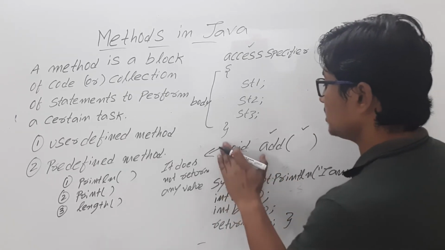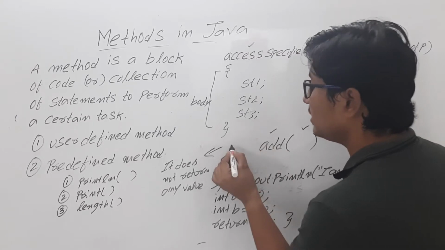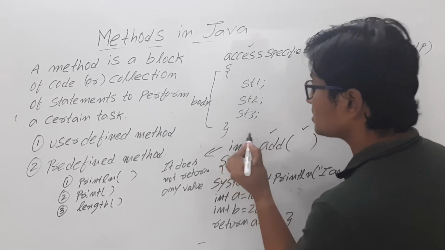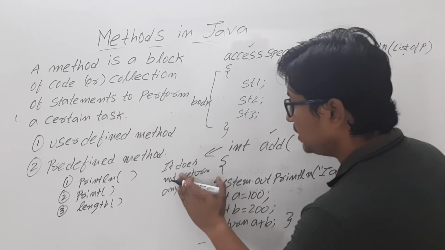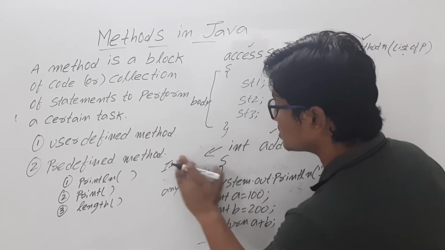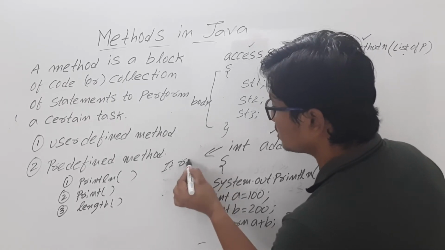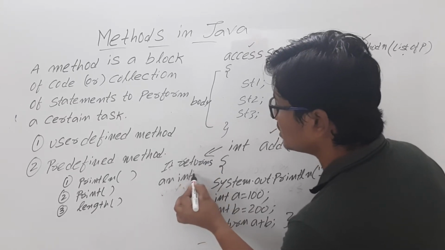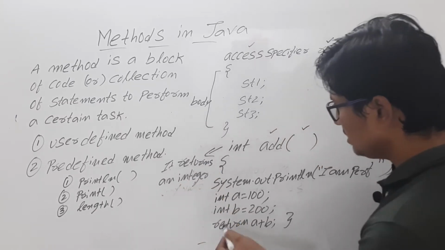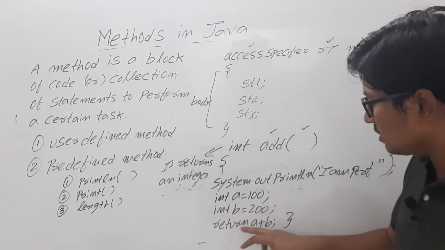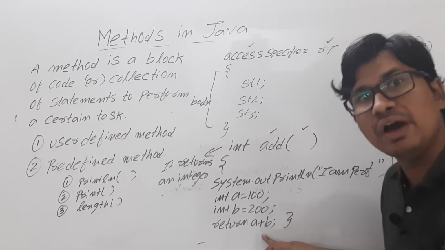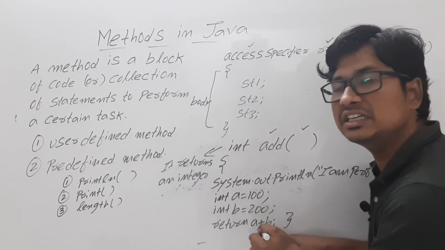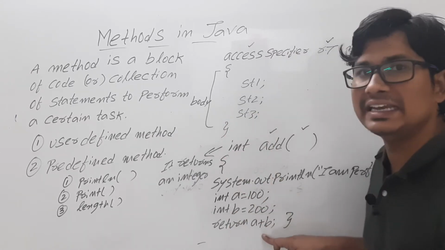So in this case, you need to provide the return type as int, meaning this method returns an integer value. In this method add there is a return statement, and it is returning an integer constant, so the return type should be int.